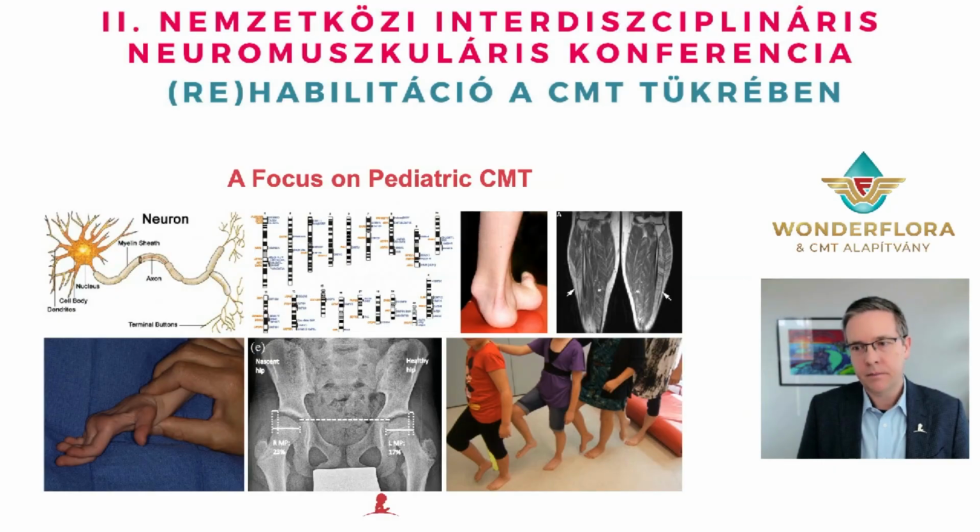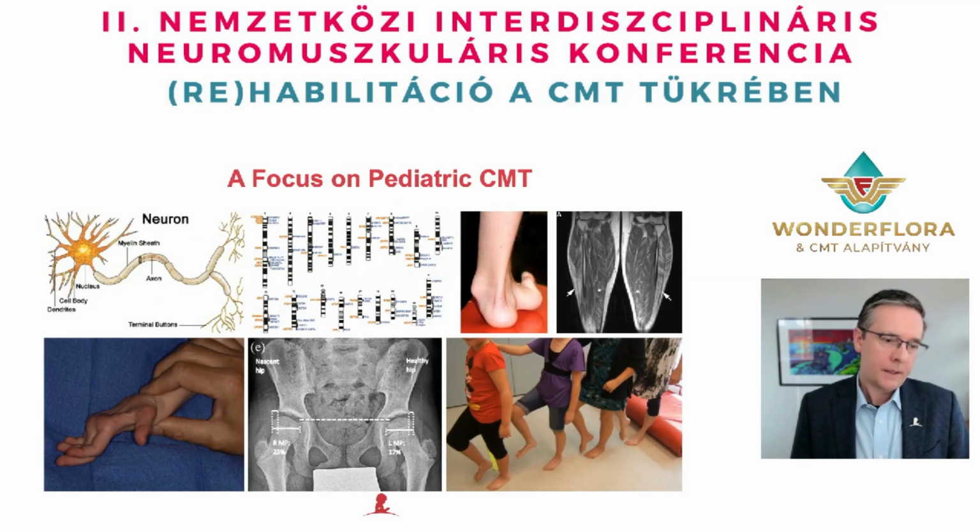You can see the MRI there on the top right showing that the muscles are selectively weakened in CMT. So some muscles are stronger, some muscles are weaker, and that causes these types of deformities, such as the high arch foot deformity, and also hand deformities. So you can see there a picture of a hand with some weakness, but also some deformity.